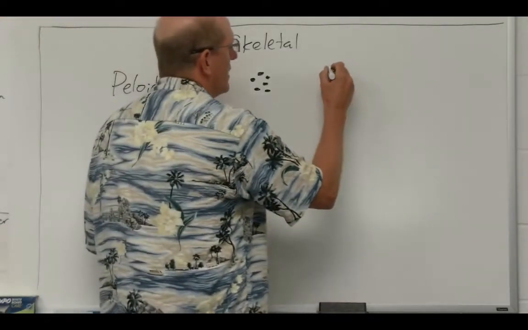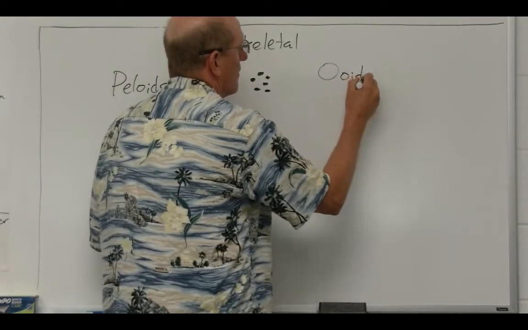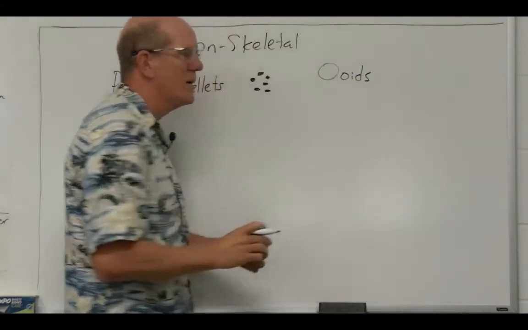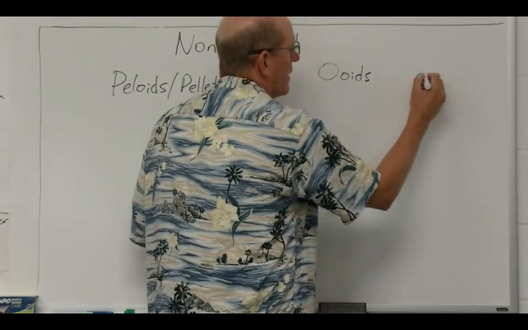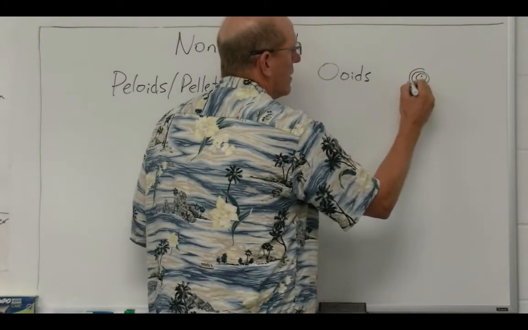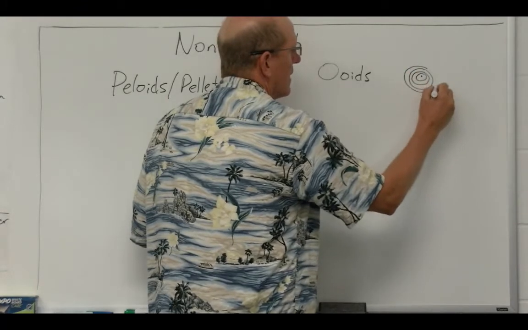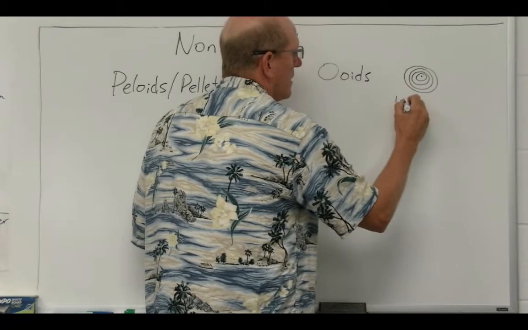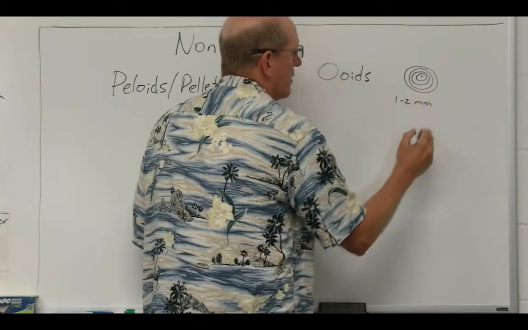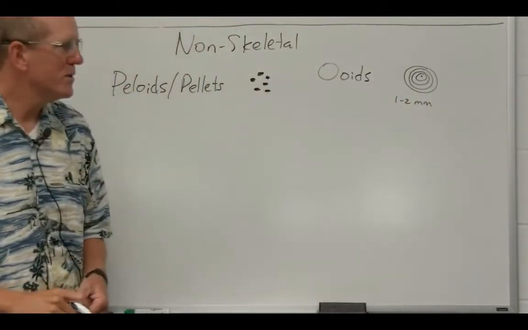The next one would be ooids. Ooids are rounded grains. Commonly they have a nucleus and they grow through chemical processes around the outside. And they range in size from 1 to maybe 2 millimeters, generally no bigger than 2 millimeters.